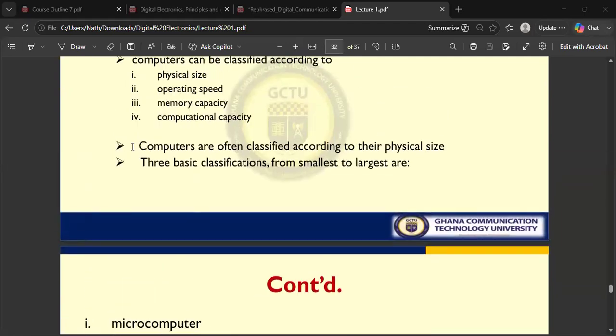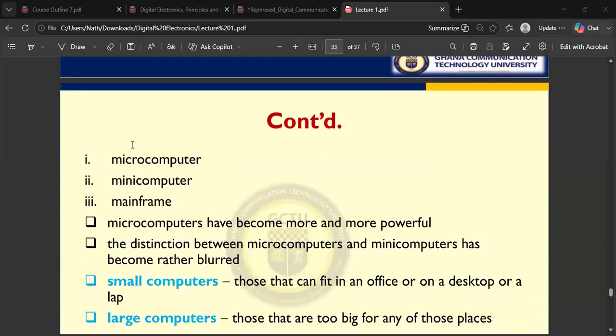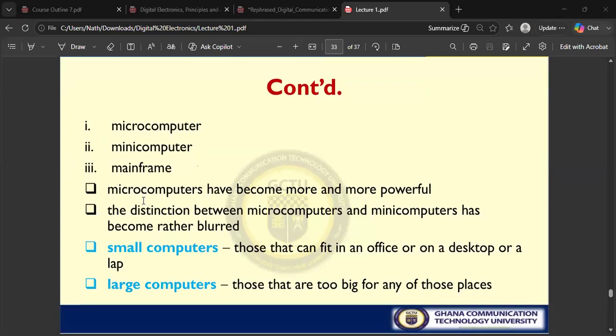They have a smaller size as well, a higher memory capacity, and a higher computational capacity. Then the mini has a better classification than the mainframe. So the mainframe is the one with the lowest classification, right? The distinction between microcomputers and mini computers has become rather blurred.